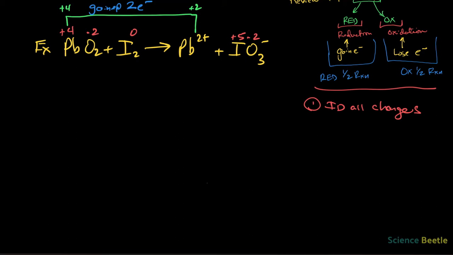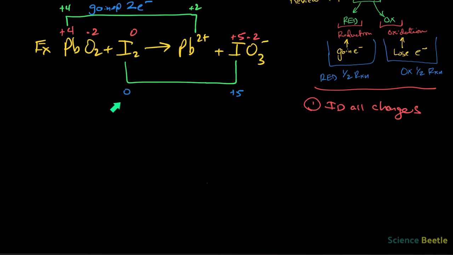And so let's go ahead and put that there as well. So let's label it like this. And in this particular case, the iodine is going from a 0 charge to a +5 charge. Now, if you think about this for a second, the charge here at 0 means that you have the same number of electrons and the same number of protons. So if you're looking at it from a particle count perspective, the count here for iodine is neutral.